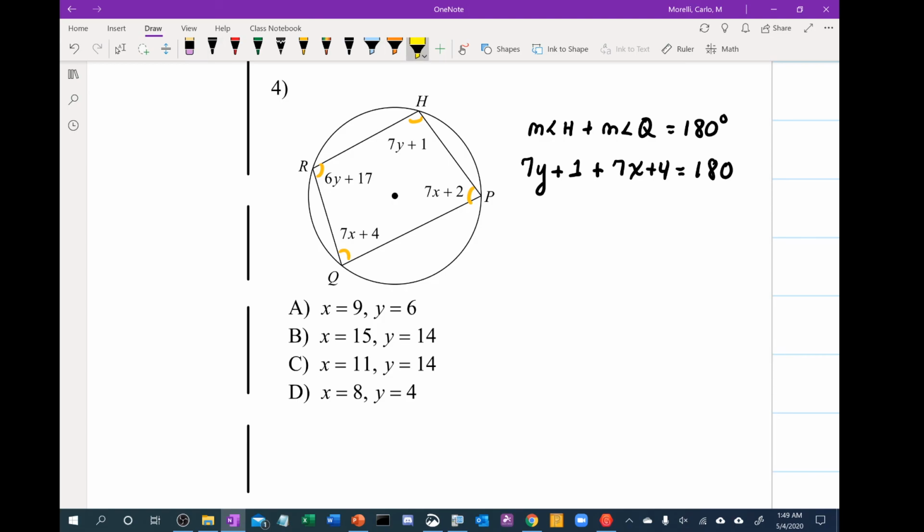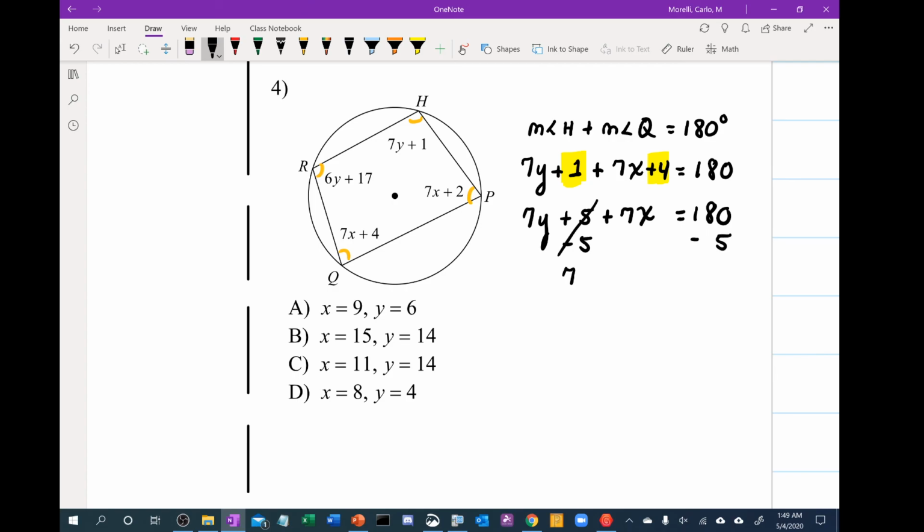And now we're going to combine like terms. We can do the 1 and the 4. So we have 7y, 1 plus 4 is 5, plus 5 plus 7x equals 180. And we can subtract the 5 from both sides. Cancels out.